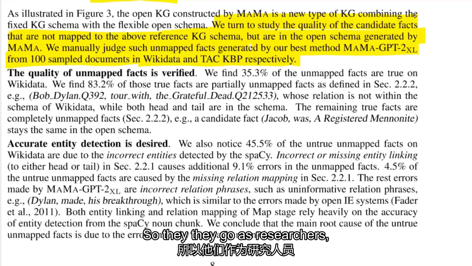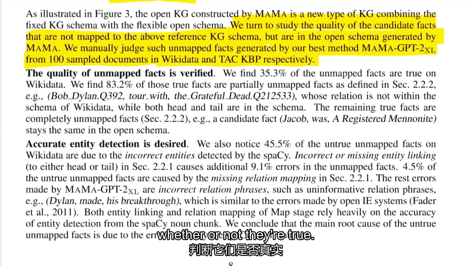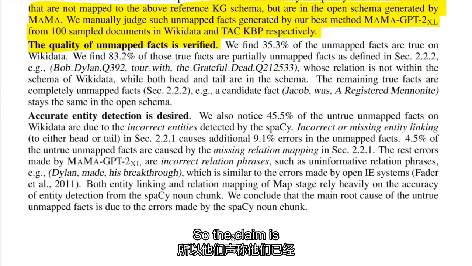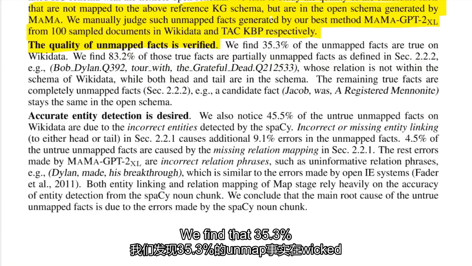So they go as researchers, look at these things and judge whether or not they're true given these documents in Wikipedia. They say the quality of unmapped facts is verified. So the claim is that they've looked at them and they are good.